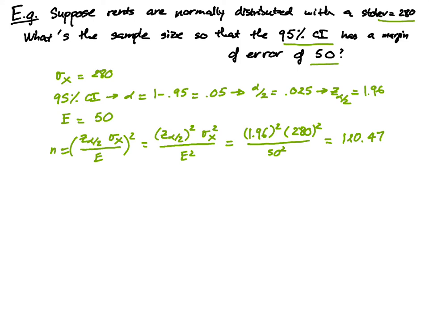Now you should be thinking this is super weird, because we're talking about a sample size. How can a sample size be a decimal? So the rule when we determine sample size is to always round up if the answer is a decimal number.